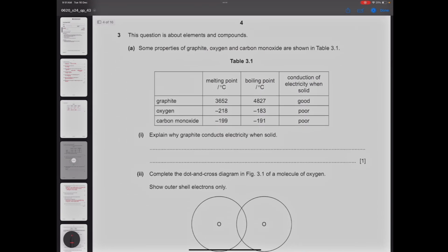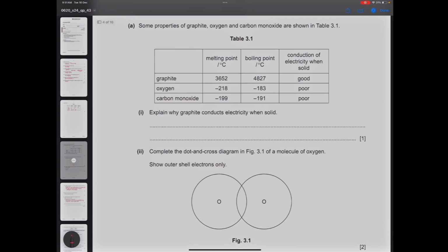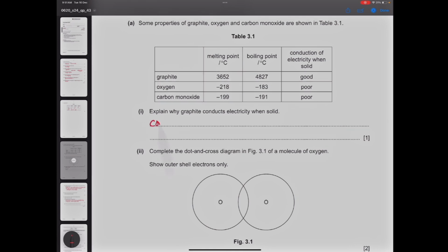Next question. This question is about elements and compounds. Some properties of graphite, oxygen, carbon are given. Boiling point, melting point and conductivity are given. Explain why graphite conducts electricity when solid. Now, we know that graphite contains mobile, or you can say delocalized, electrons in its structure.